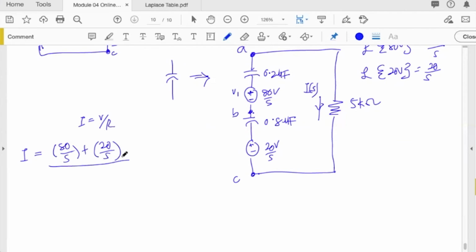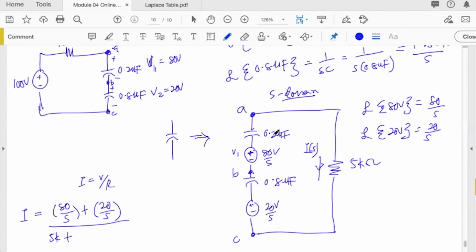And your resistor, you have 5K plus you have 0.2 microfarad. Oops, sorry, the value of the microfarad in here. Okay, so let me erase that. So that value should be in terms of S.